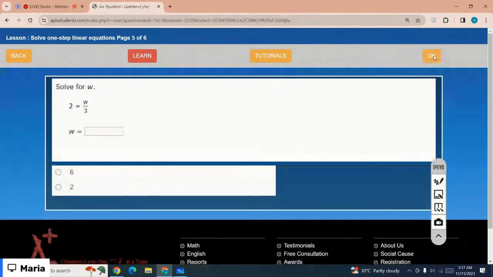2 equals w over 3. How to evaluate which is the correct option? The correct option is, yes, it is 6, right? The correct option is 6.